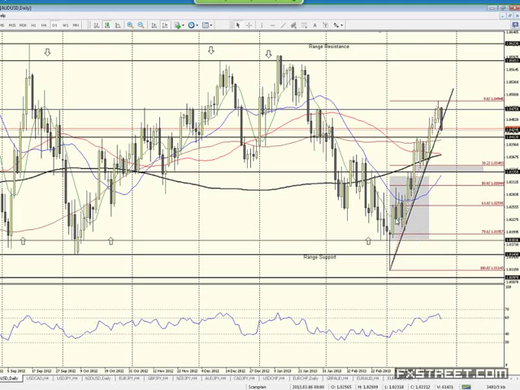The breakout here was good too. After this, if you weren't convinced, and for me, I don't catch it right on these pins. Some people try to trade off these, and that works out sometimes. But for me, I'm more comfortable with breakouts.